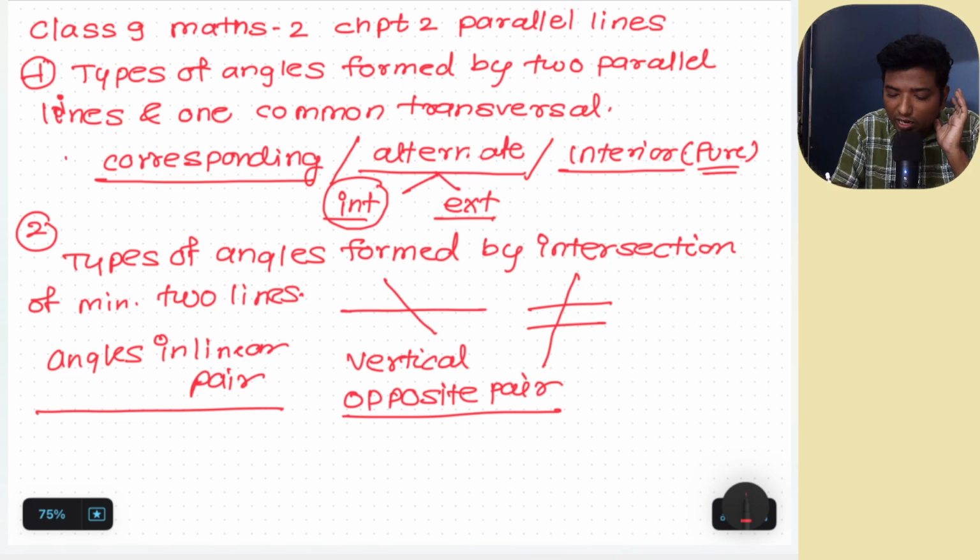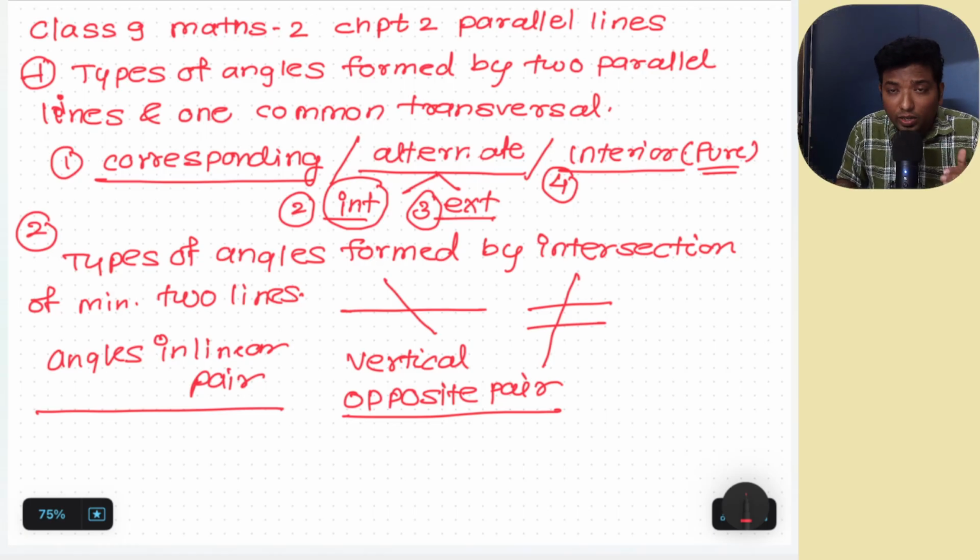This is the first type, corresponding. This is the second type, and within it there are two subtypes: interior alternate and exterior alternate, which I will simply name 2 and 3. Then the fourth type is pure interior. These are the angles formed by parallel lines and one transversal.